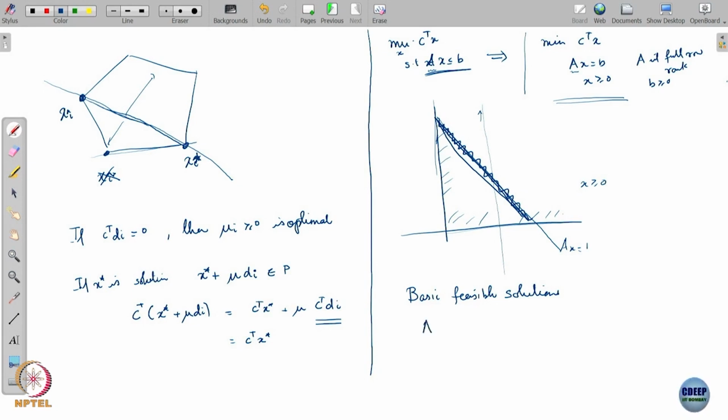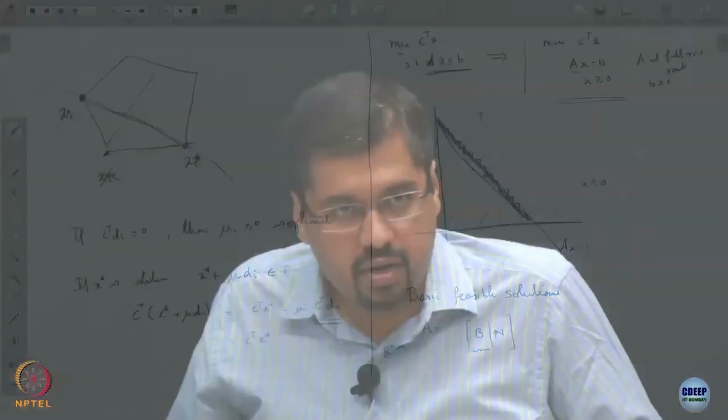So, if I take the matrix A, I can write it in the following form. Remember, A is full row rank. So, if A has m rows and n columns, then I can write it in this sort of form, where the vectors B are such that they are columns of A that are linearly independent.